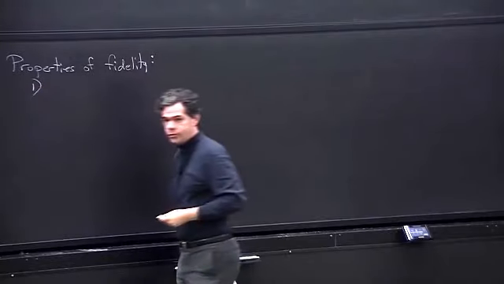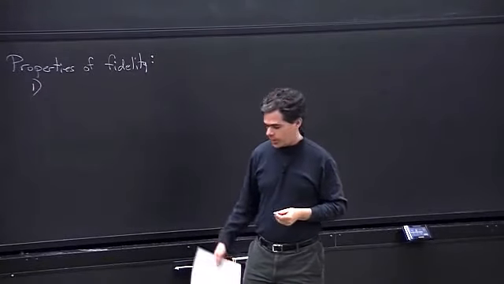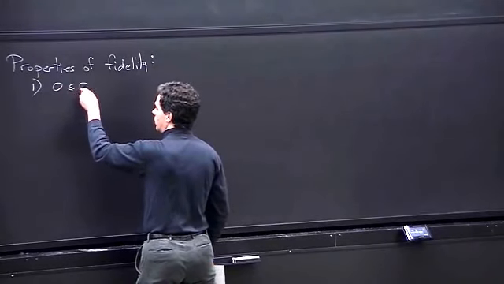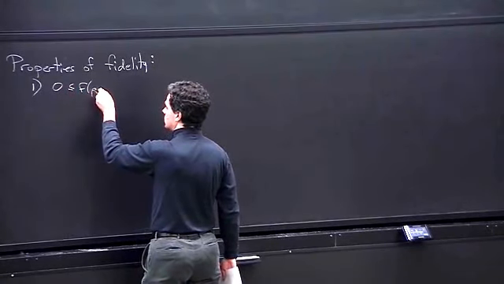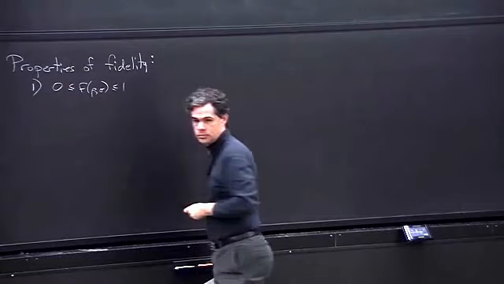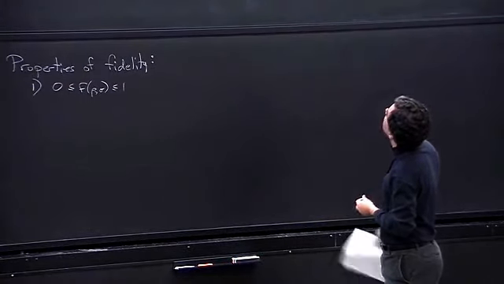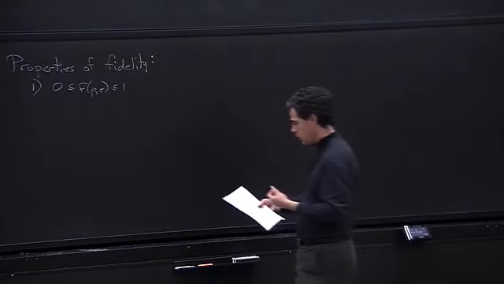Okay. Well, the first one is maybe the simplest one, which is that it's always between 0 and 1. Yeah, I guess even that is not immediately obvious from the definition.